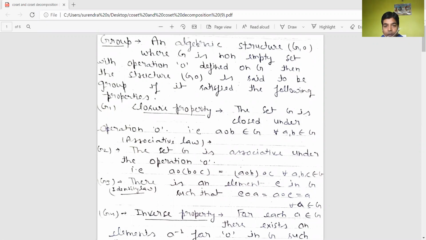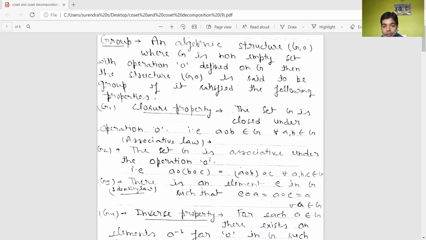First property is the closure property. The set G is closed under operation O, that is, A operation B belongs to G for all A, B belonging to G.